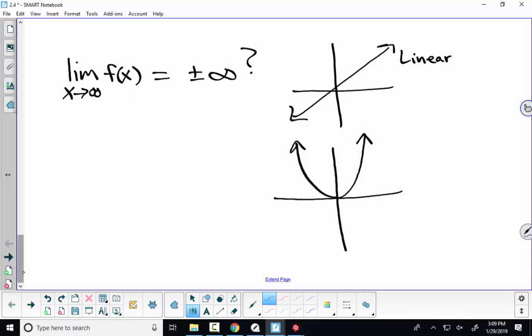Quadratics, cubic, any polynomial. Which of course a linear function is a polynomial, so as x gets larger and larger, y could get larger and larger, specifically if we're talking about polynomial functions.